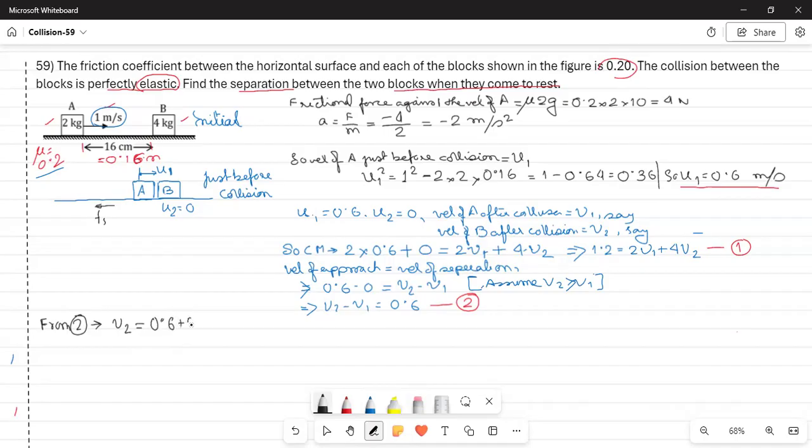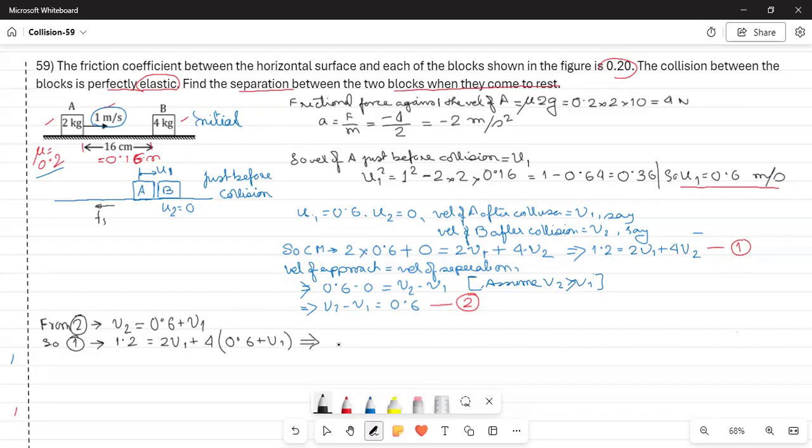Now we put this value of V2 in equation 1. From equation 1, we get 1.2 is equal to 2V1 plus 4 into V2, which is 0.6 plus V1.